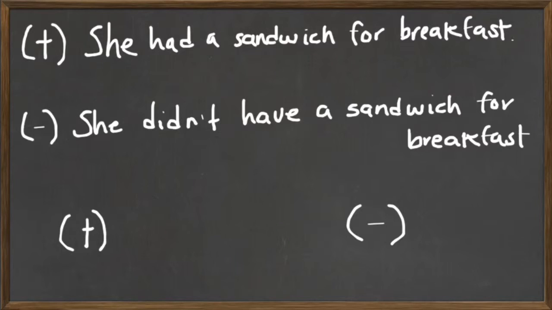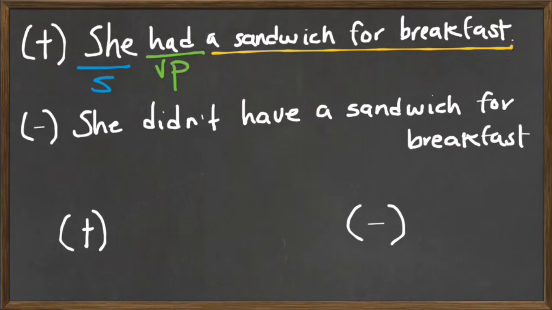Okay, we have a comparison here. Let's analyze this information. If we remember the formula, in affirmative we have the subject, the verb in past, and the complement. And the result is, she had a sandwich for breakfast. Once again, subject, verb in past, and complement.